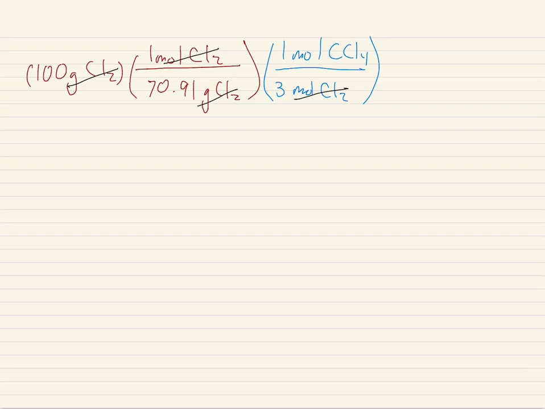And the last conversion is between what two things? Grams of CCl4 from moles of CCl4. And so how do I do that? What do I use? 153.80 grams CCl4 over 1 mole CCl4. Right? Because we want grams in the numerator because we want to end with units of grams. So moles cancel out, and we're left with grams.